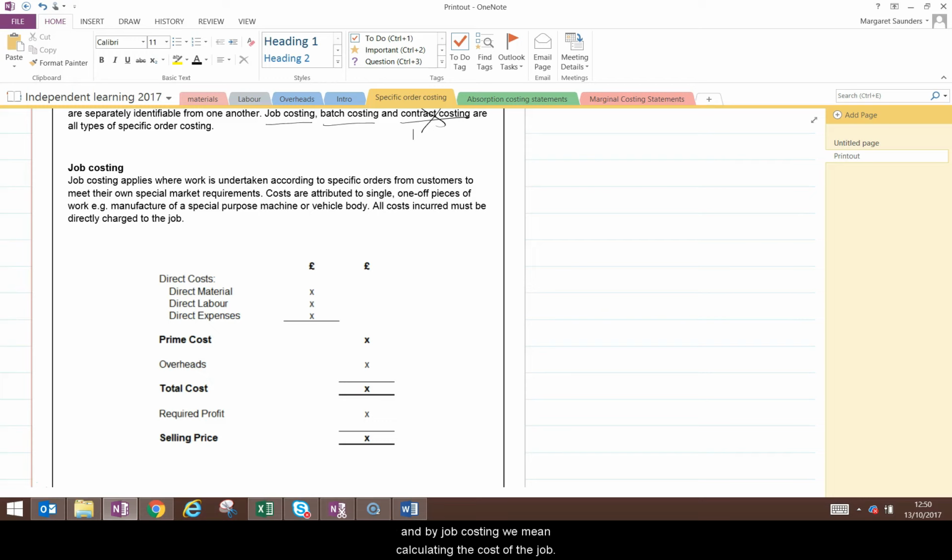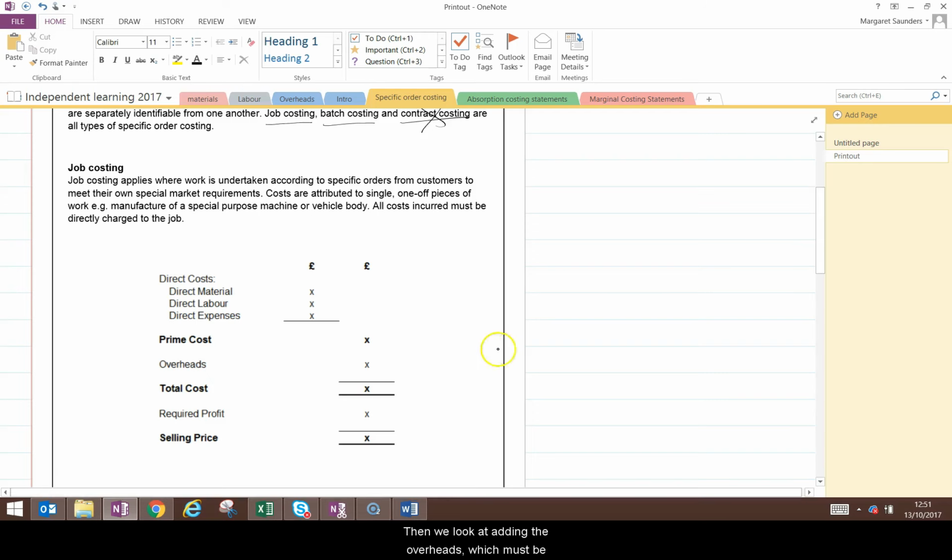And by job costing, we mean calculating the cost of the job. So we're looking at the direct costs, being the direct material, the direct labour, the direct expenses. Adding them together gives us the prime cost.